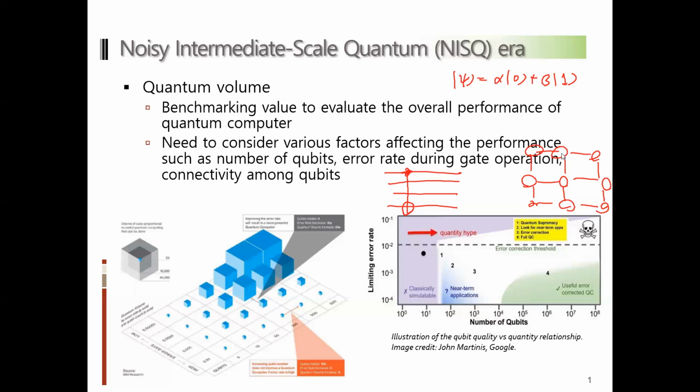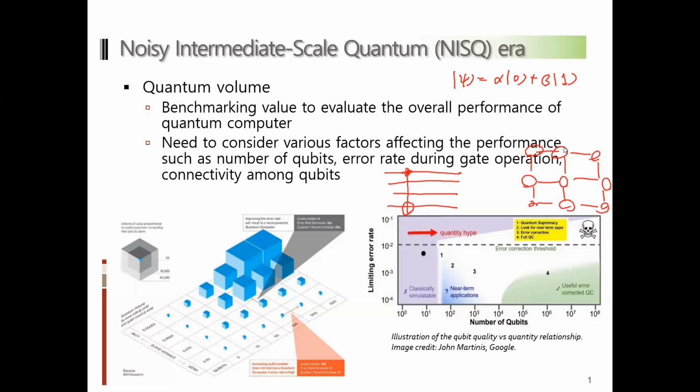And if you want to do any quantum operation between this qubit and this qubit, what you should do is apply repeated swap operations between this one and maybe this one and this one. Probably you don't need the last swap operation, because once you move the quantum information stored here to here, then you can directly do some kind of quantum operation.